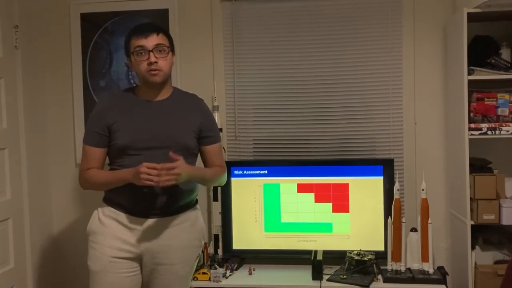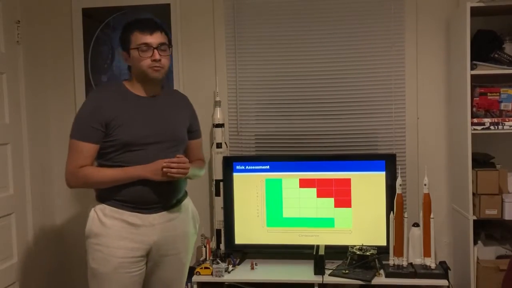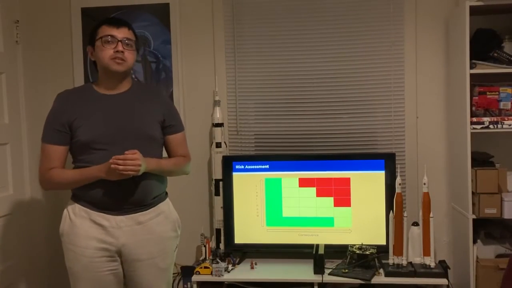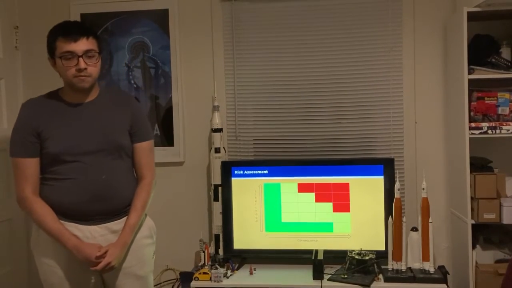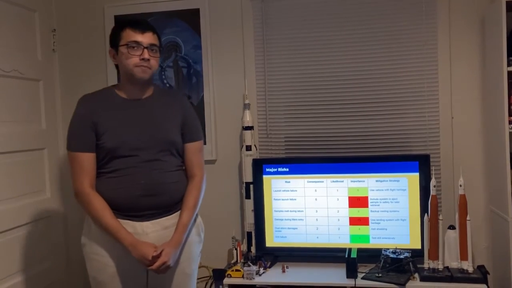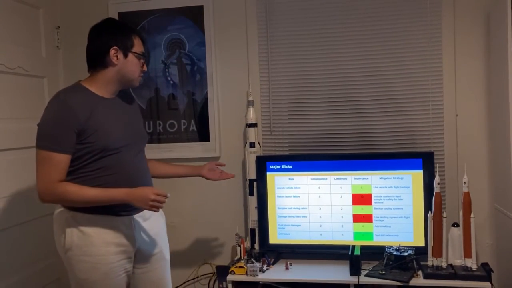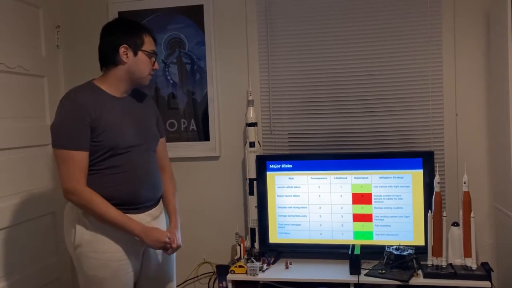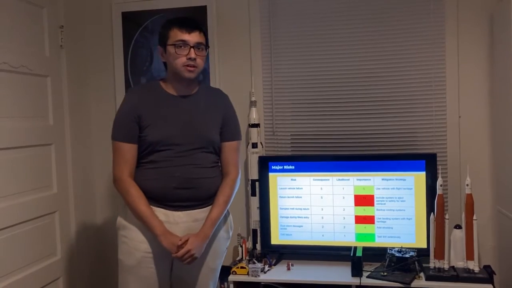Depending on where the product of those 2 numbers falls on this risk matrix, the risk is either acceptable or unacceptable. So here are some of the major risks we identified. The ones to focus on are the ones in red, such as the return launch failure risk and the damage during Mars entry risk.